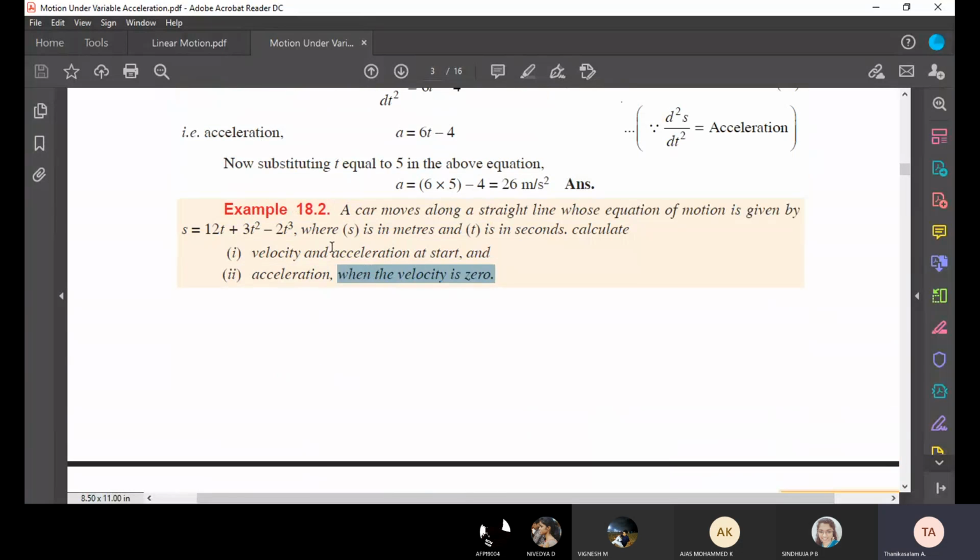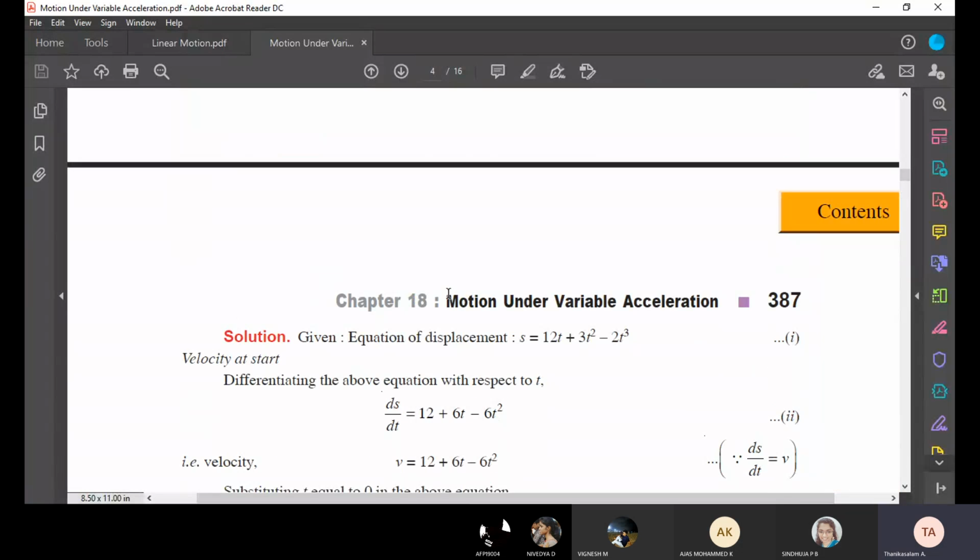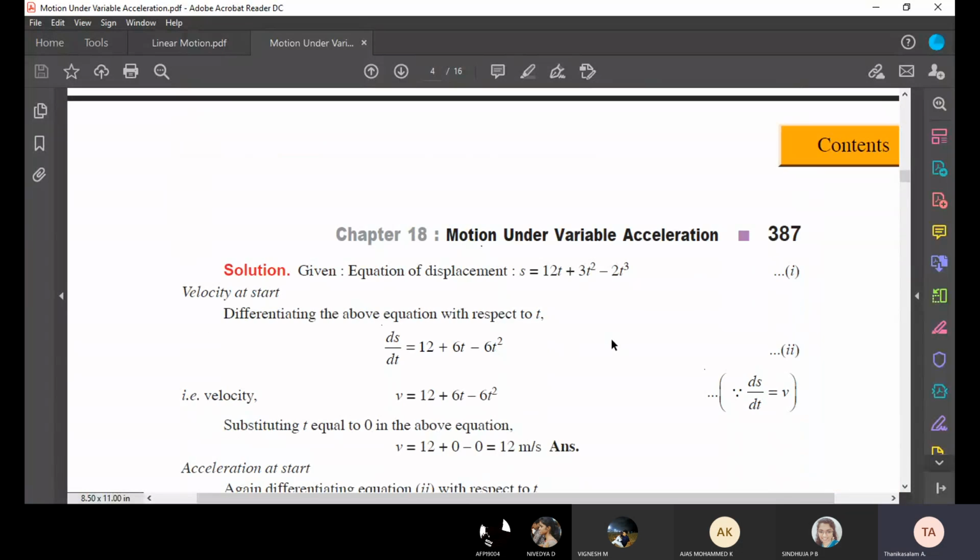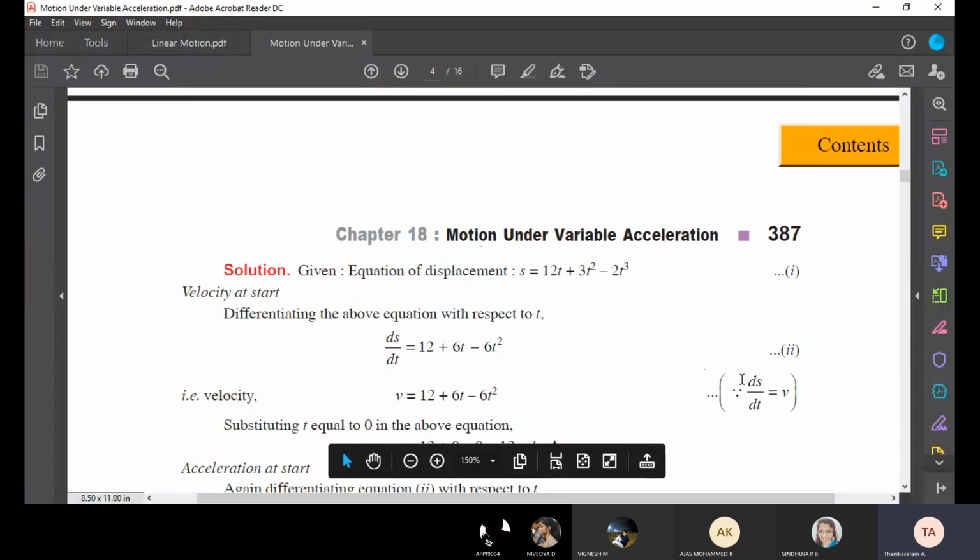You see here, the condition is given at starting time. At start, find the velocity and acceleration. This is the first thing, at the starting point. In the second one, acceleration when the velocity equals 0. So S is given, no? What is velocity? We know velocity equal to ds by dt.